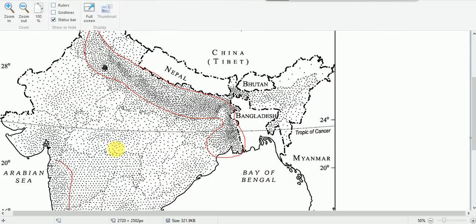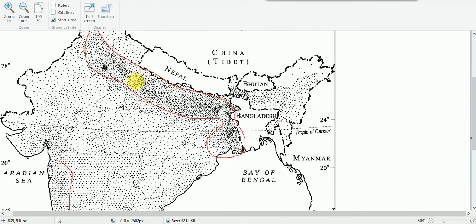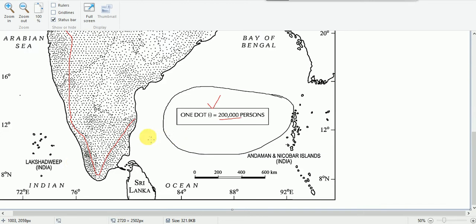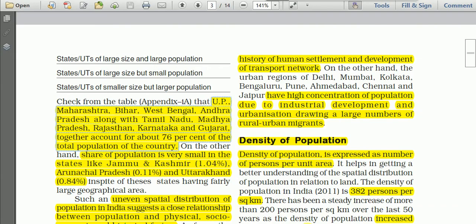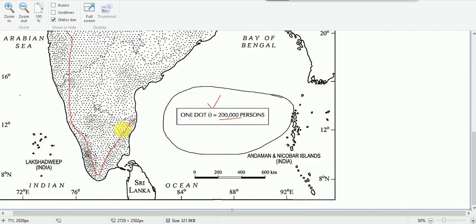Here all the states are shown. Here we have Uttar Pradesh, then Bihar, then West Bengal. In South India also we have Tamil Nadu, in this area.